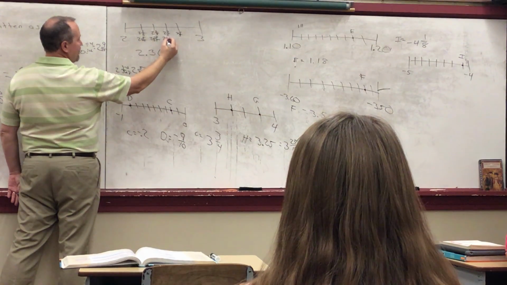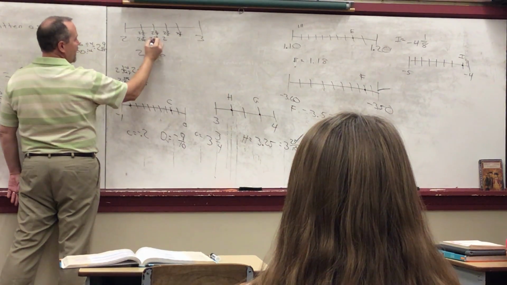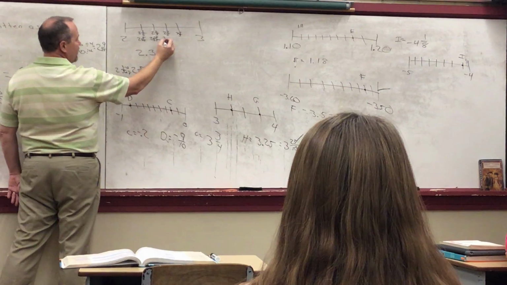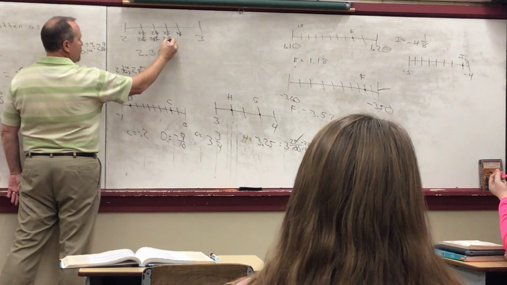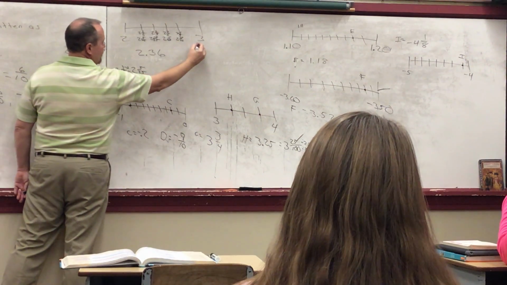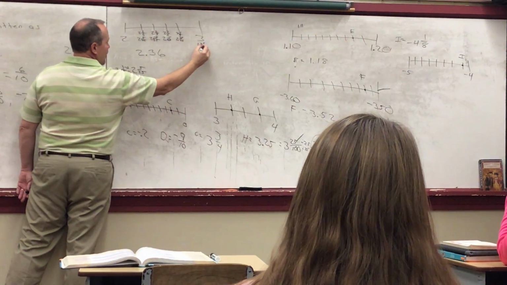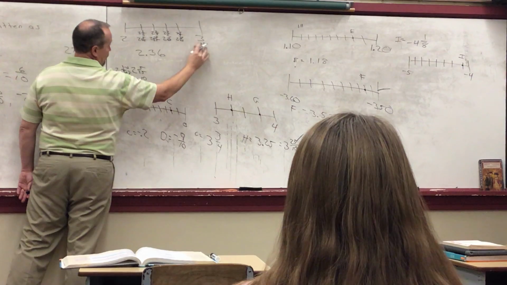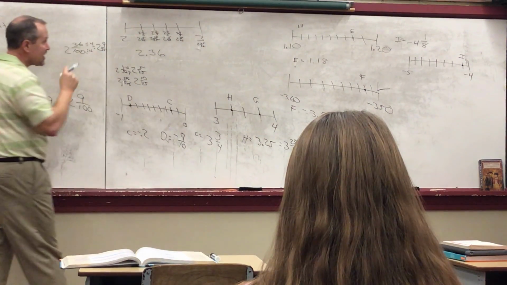Do you see a pattern? 2 and 5/25, 2 and 10/25, 2 and 15/25, 2 and 20 over 25. And then here would be 2 and 25 over 25, which would actually be the same as a 3.